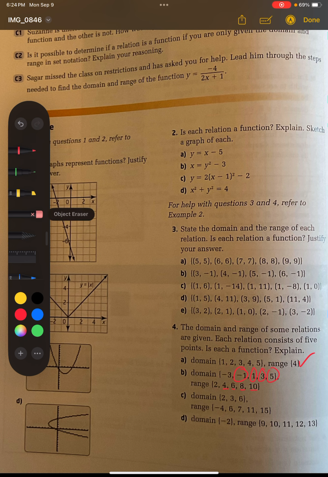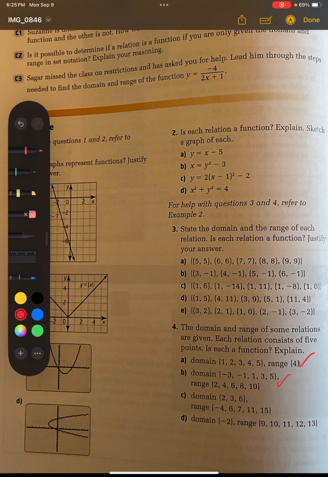So regardless of what corresponds to which, like, I don't know what corresponds to what. This could correspond to this, this could correspond to that, and 5 could correspond to 10. It really doesn't matter because each of my domain values points to a unique range value. So this too would be a function.